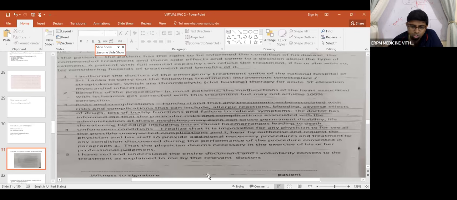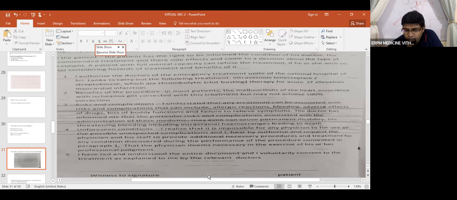To lyse the clot. What is our worry? It can cause bleeding elsewhere. That's a risk. So you have to see whether the benefit is more than the risk.